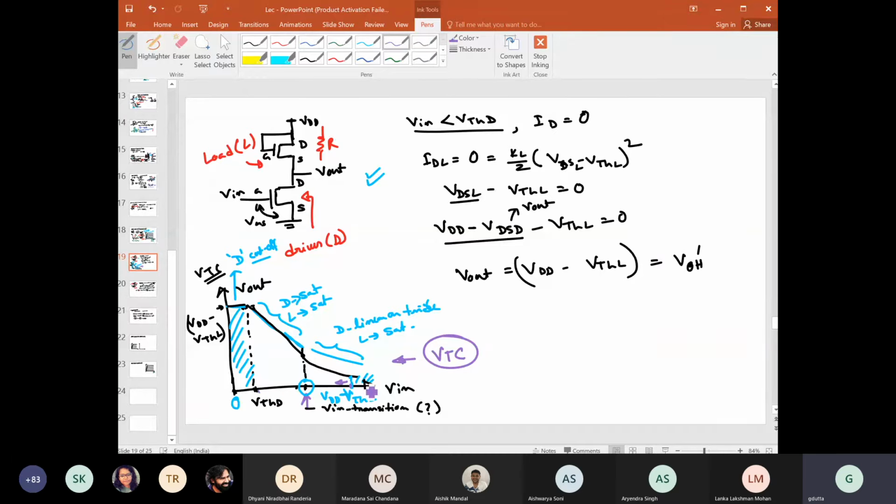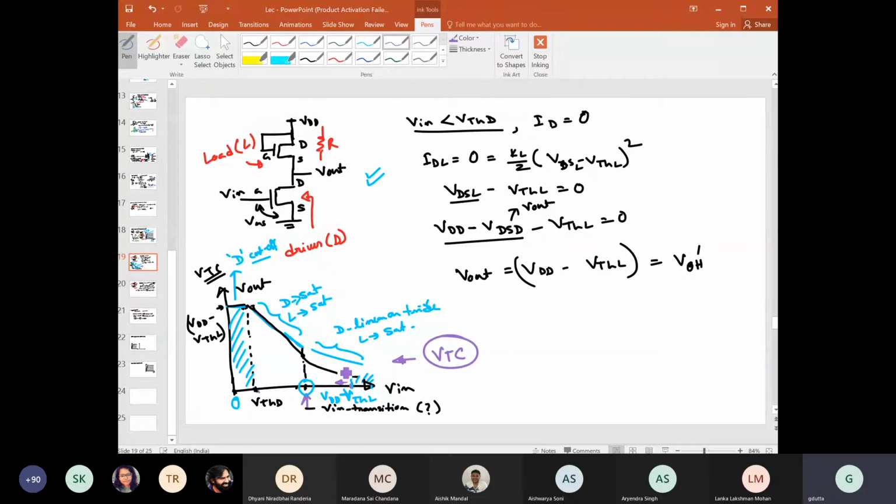So if by some means you have some noise, which is maybe one threshold voltage lower than this VDD, then that will cause power dissipation. Even if the transistors are not supposed to conduct, in that situation you will face the static power dissipation issue.